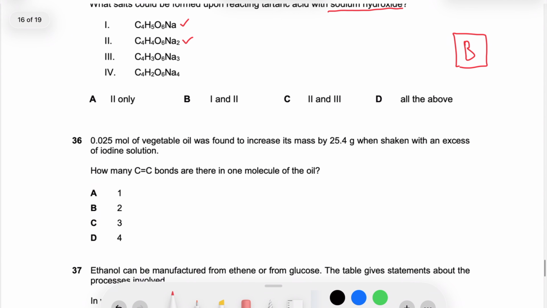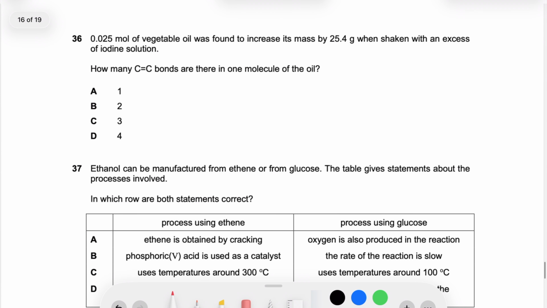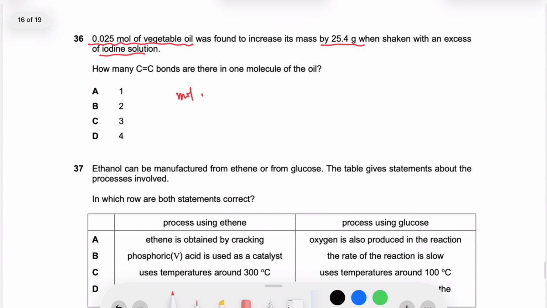Okay, moving on, 36. 0.25 mole of vegetable oil is found to increase in mass by 25.4 grams when reacted with iodine. First we need to find the mole of the iodine. Mole of iodine is mass over Mr, 25.4 divided by 254, you get 0.1 mole.